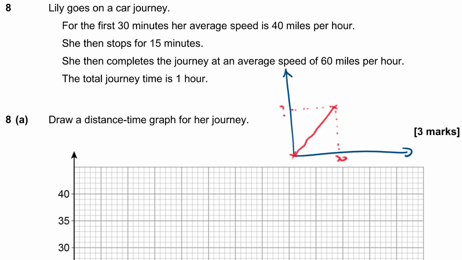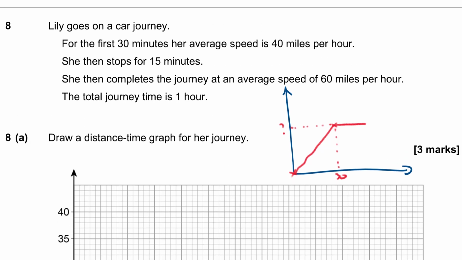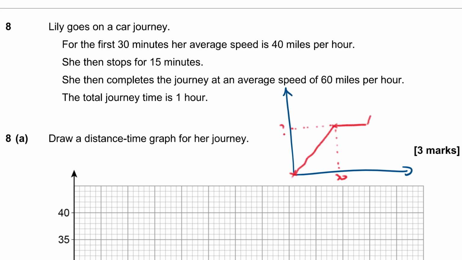And then she's going to be stationary for 15 minutes, and then she's going to continue on her journey at 60 miles an hour. So we're expecting a steeper section of the graph up here that terminates at a time 60. So that one was 15 minutes. So that's at 45, isn't it?